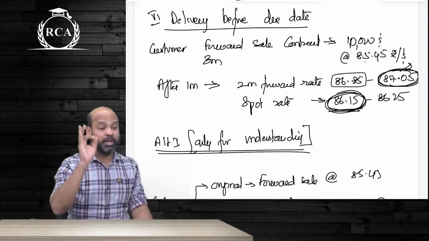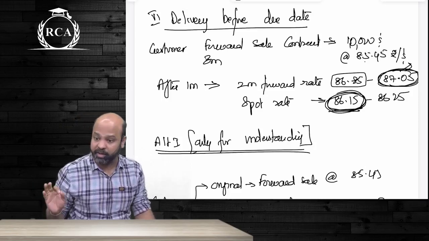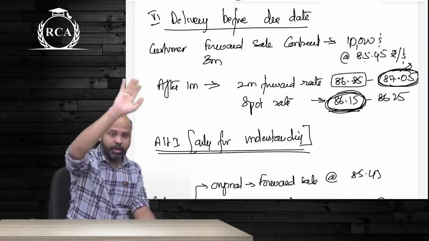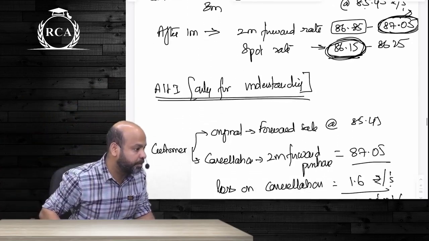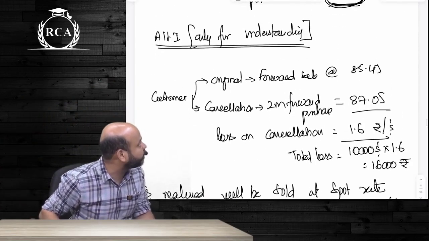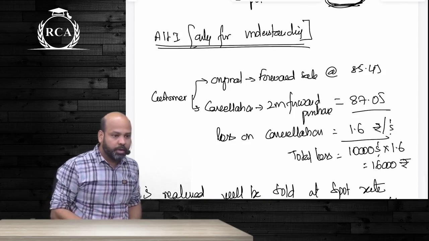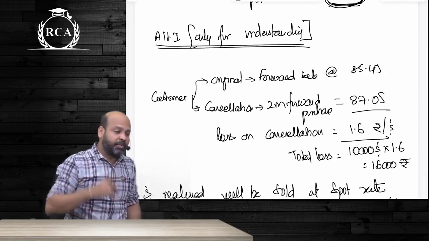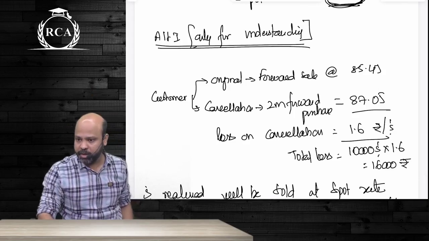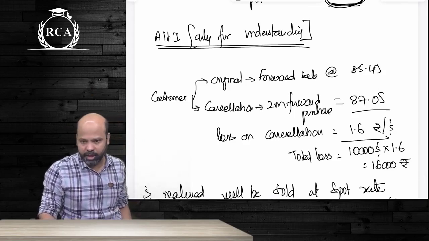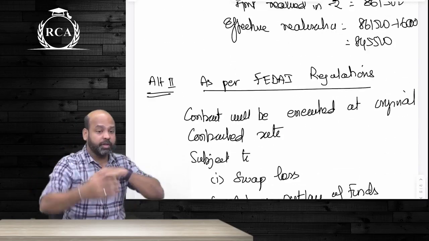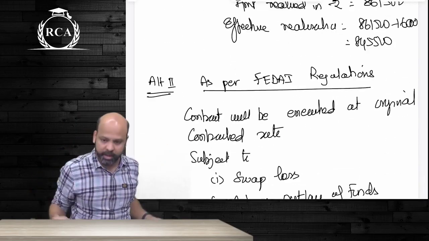I repeat, for common understanding, it is as if you are cancelling the original forward contract and then settling the contract at the spot rate. But for us, beta, in the exam you cannot do that. What are you supposed to do? As per FEDAI regulations, the original contracted rate, subject to swap loss and interest on outlay of funds, if any. For all of this you will have to understand what the banker did, guys.